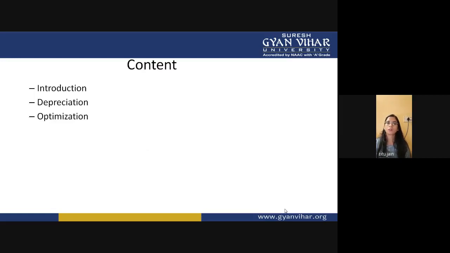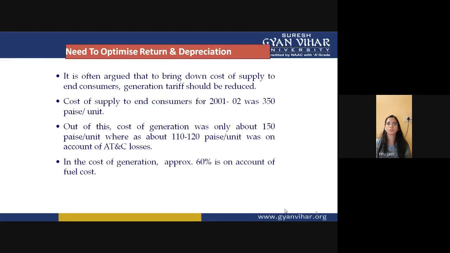The learning objective is that after this lecture, the student will be able to understand what depreciation is, how it matters for a power plant, and how we can optimize the depreciation. So these are the contents of this presentation: one is introduction, depreciation, minimization. So what is the need to optimize return and depreciation?